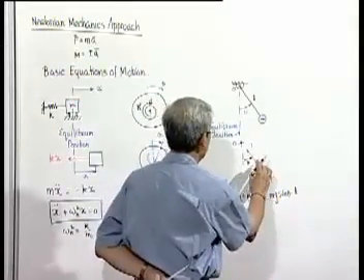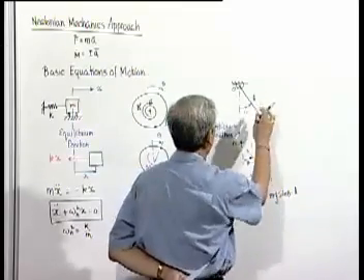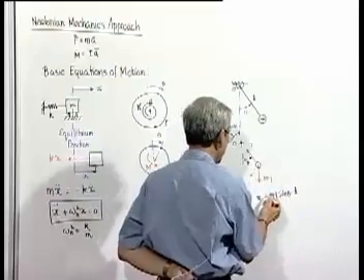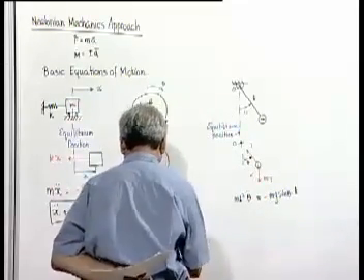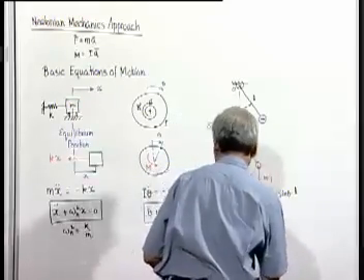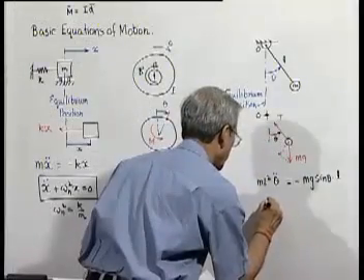And this into the arm length L is the total moment acting in this direction, and we put a negative because it is minus. So here again we get the equation in the basic form.